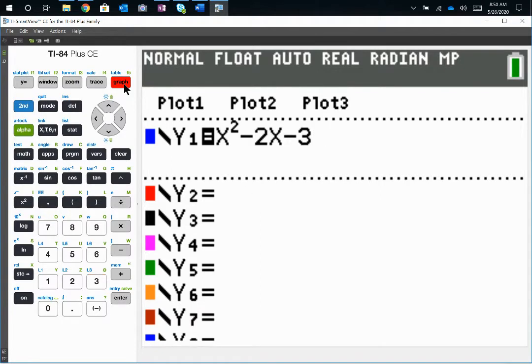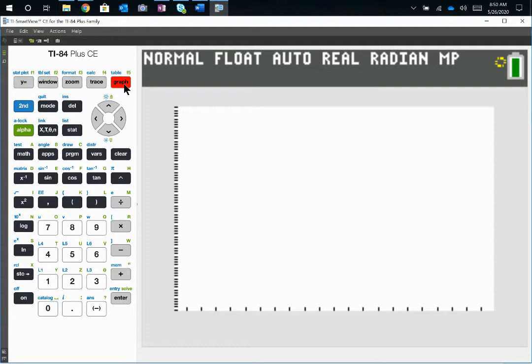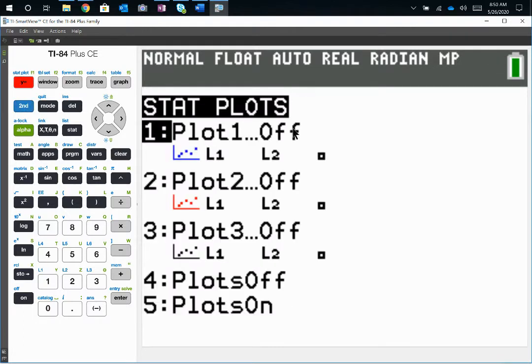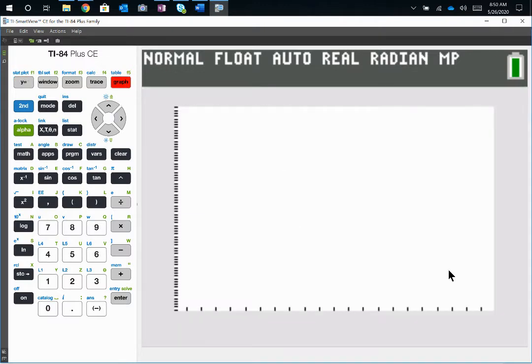Now graph it. Now I kind of messed up my window before because I was doing something in statistics. And also remember, if you have the dot plot on, to go to second stat plot and take off the dot plot. Okay, so we're back with the graph, and this has a weird window.